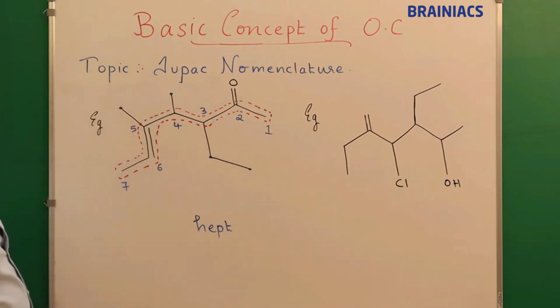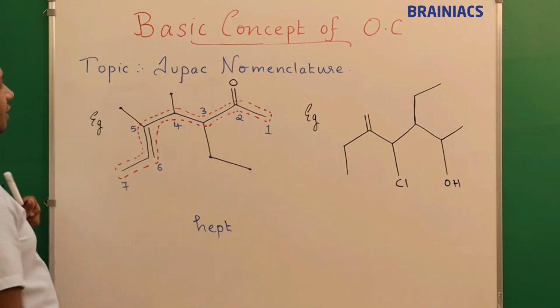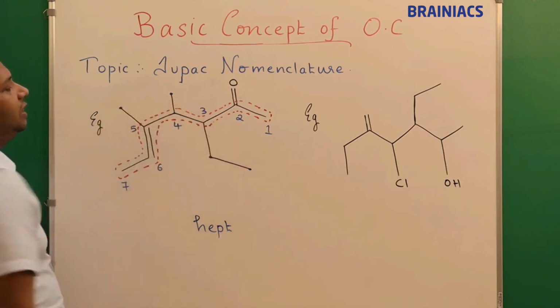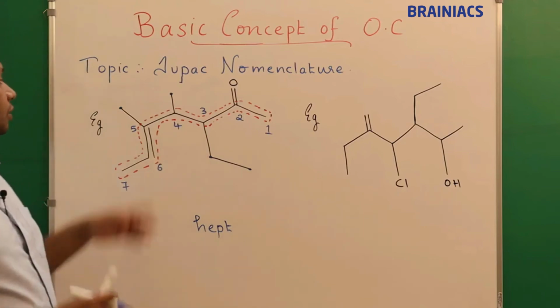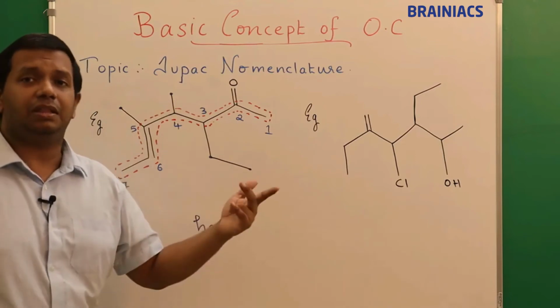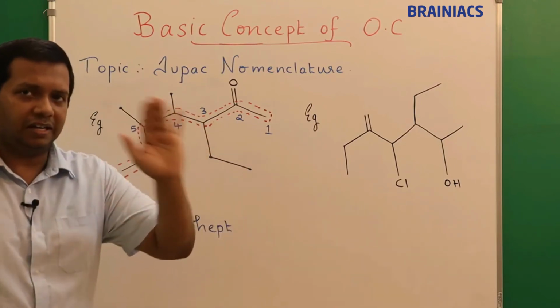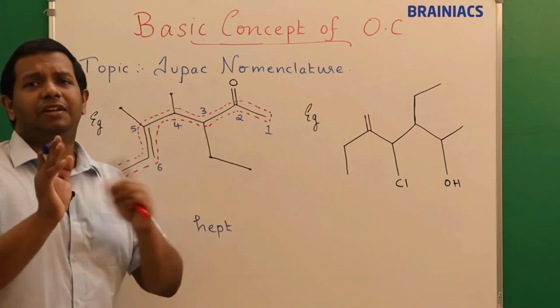No primary prefix, it's not a cyclo compound. For the secondary prefix, substituents are there. At 4 and 5 you have a methyl group, and at the third position you have an ethyl group. So we know that E comes first. Many students have a doubt: sir, at 4 and 5 there are 2 methyl groups, so we said dimethyl, so D comes first before E, right? Please remember, di, tri, tetra are not considered for alphabetical comparison.